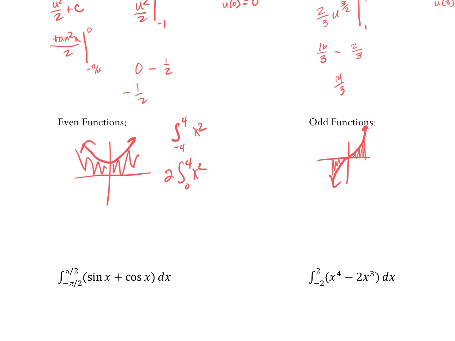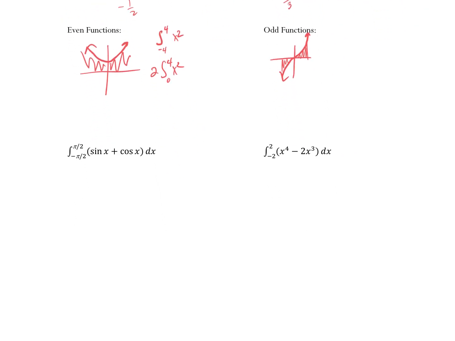All right, so when we think about the function sine x plus cosine x, this is another one where I might choose to look at a graph of it real quick. Is this even or odd? No. So can we use those rules? No. Could you guys integrate this, though? Is this a doable one?